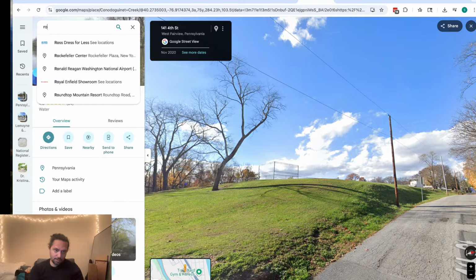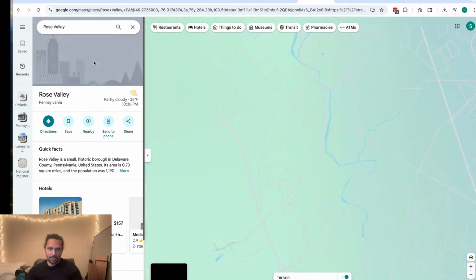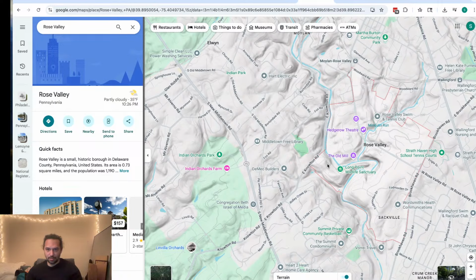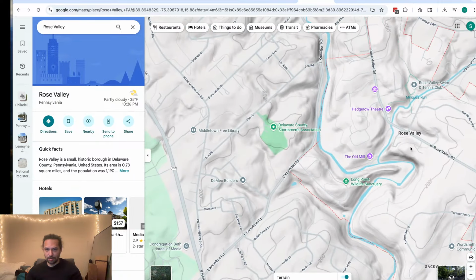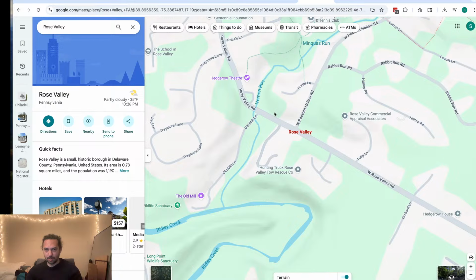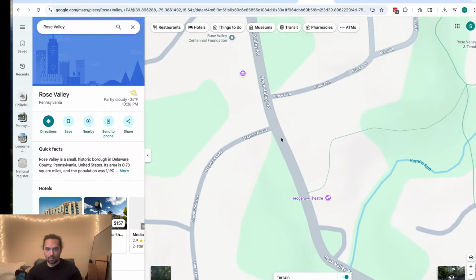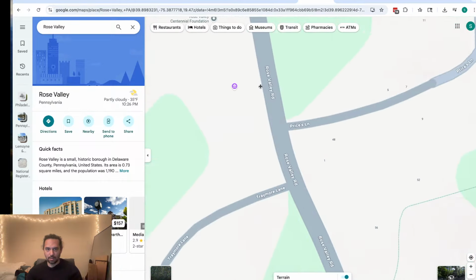Let's go to Rose Valley. I don't know if they'll ever replace it. It's somewhere right here, I think.